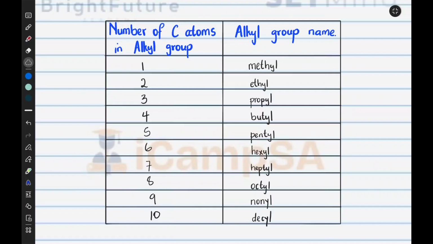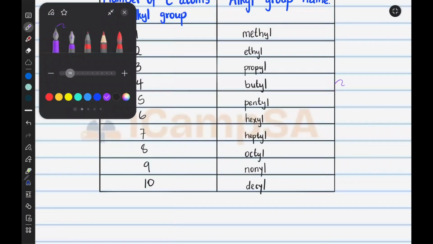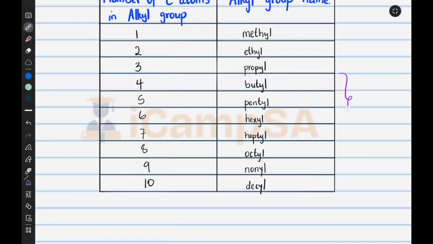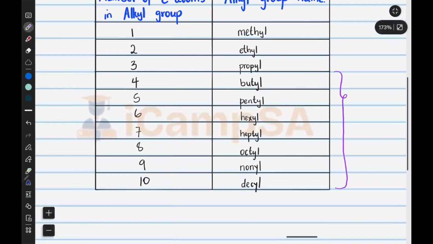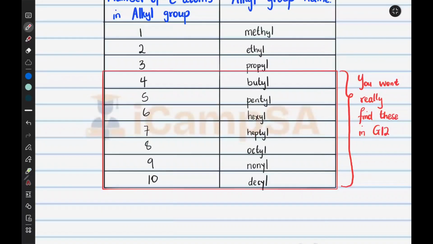Typically for grade 12, we normally won't find these from butyl up until decyl. In fact, I should make it red.